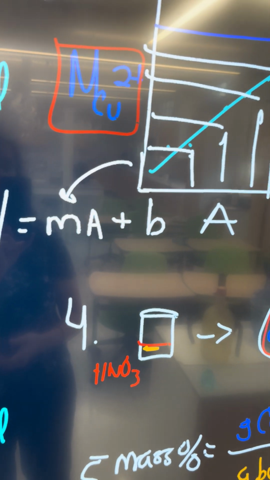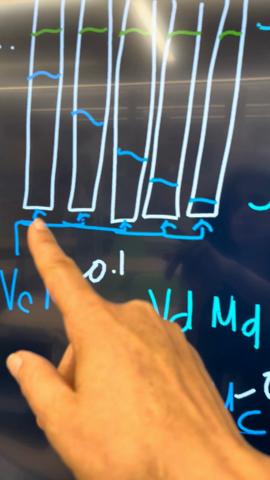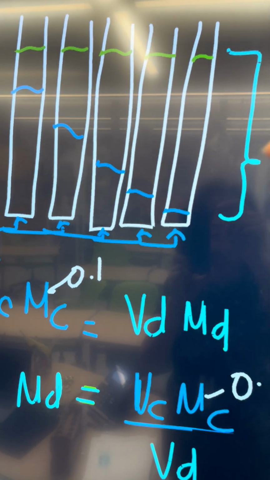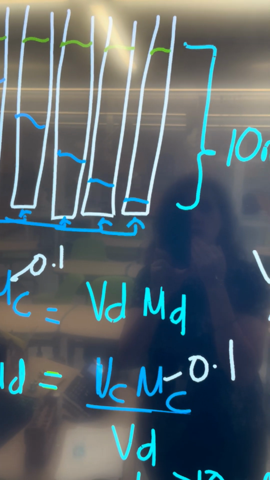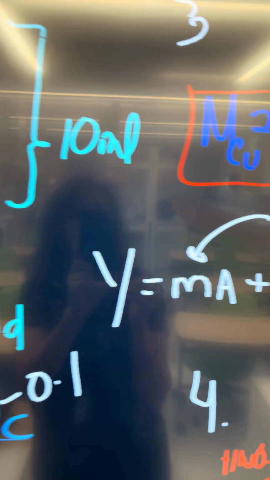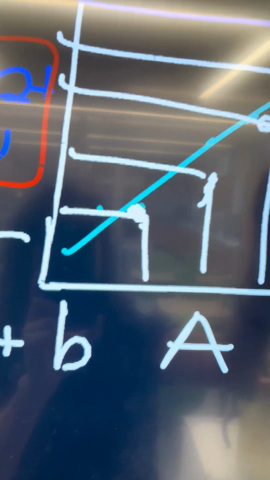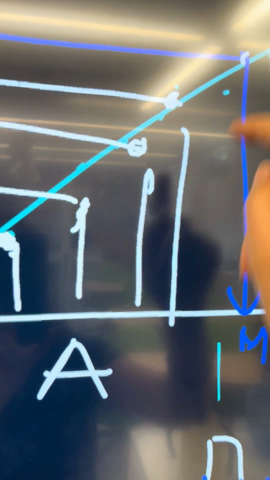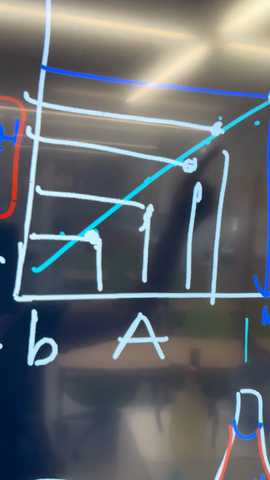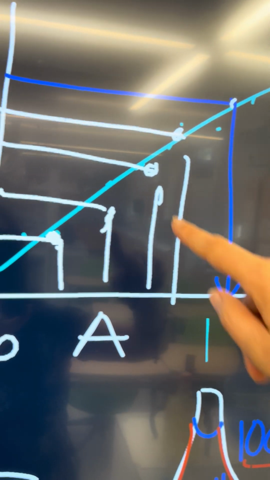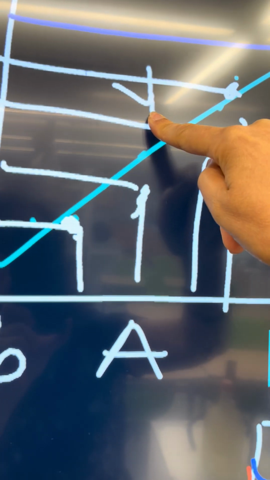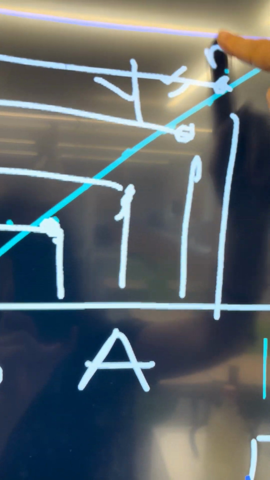Once I find my molarities, now I have to find the absorbances so that I can do my graph. So I put each one of those in cuvettes and I find the absorbances with the spectrophotometer. Now I have ordered pairs, molarity and absorbance for each one of them, right? I draw my best fitted line, and that line will have an equation that is y equals mx plus b.